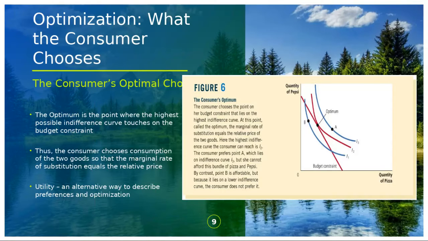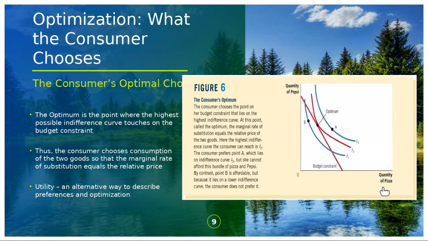So now with this in mind, we can consider how does the consumer optimize and what do they decide to choose? Well, the optimum point is actually quite simple. It's the point where the highest possible indifference curve touches the budget constraint at a single point. Thus, the consumer chooses a consumption of the 2 goods so that the marginal rate of substitution, that is how much they're willing to give up of Pepsi for pizza in this case, is equivalent to the relative price of Pepsi to pizza.